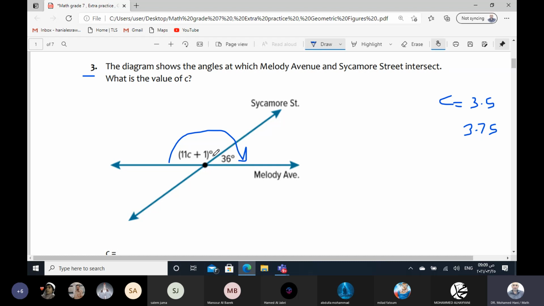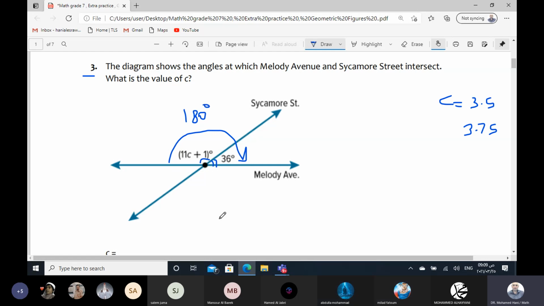If I add this angle to this angle, I have the straight angle. And who can tell me what is the measure of the straight angle? 180. 180 degree. Great.